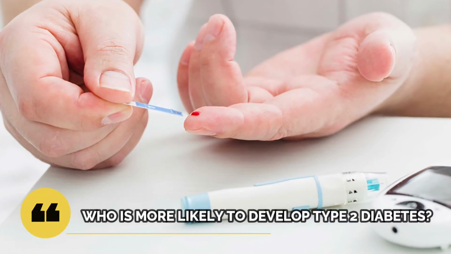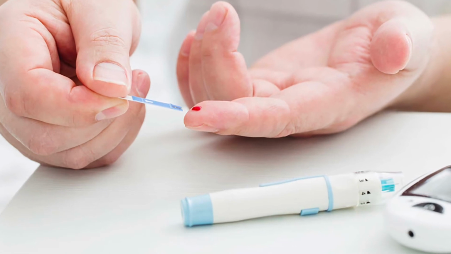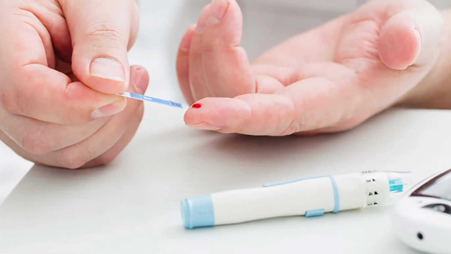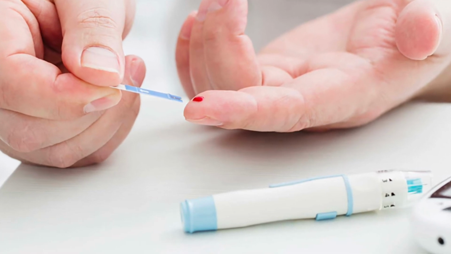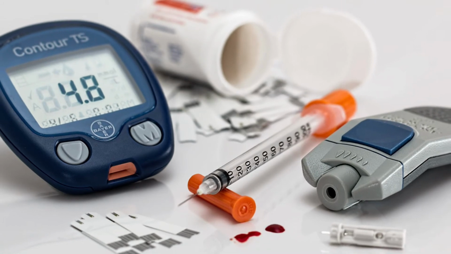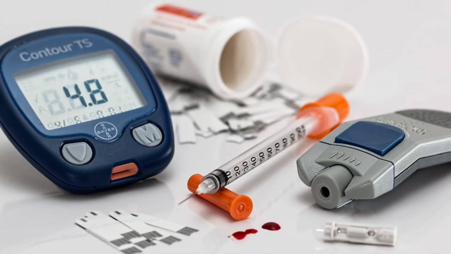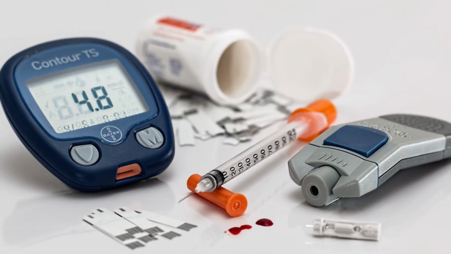Who is more likely to develop type 2 diabetes? You are more likely to develop type 2 diabetes if you are age 45 or older, have a family history of diabetes, or are overweight.